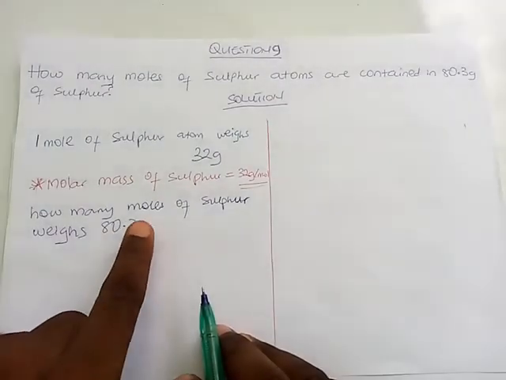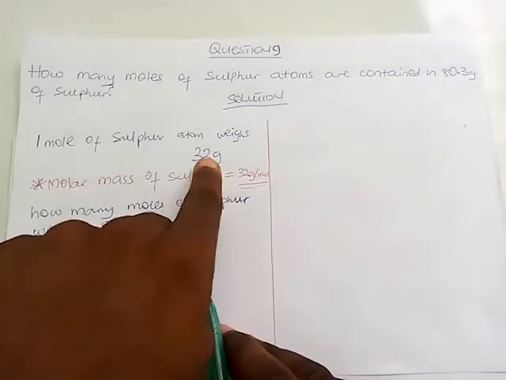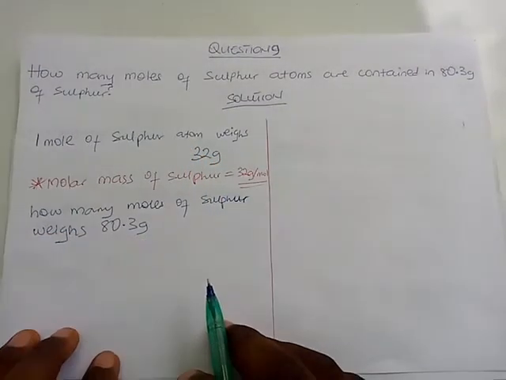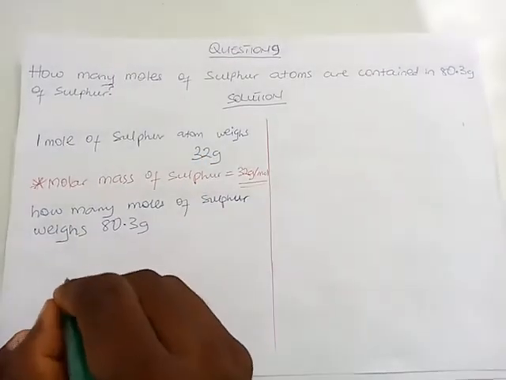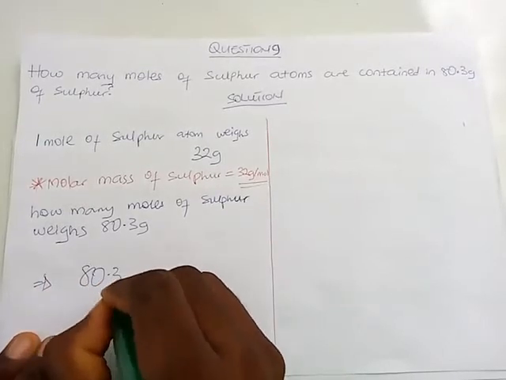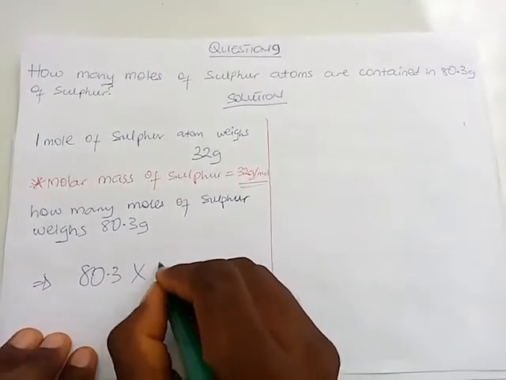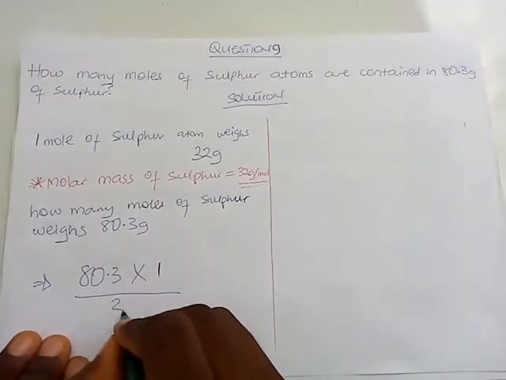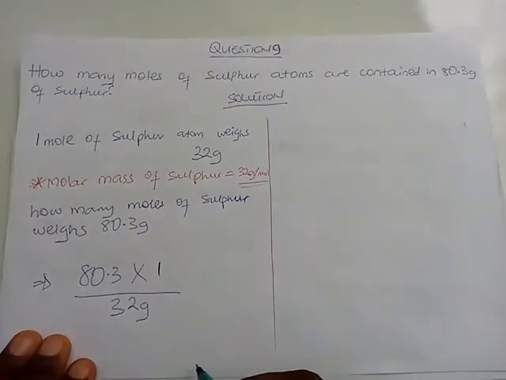So what we have to do is this 80.3 times this divided by 32. Therefore we have 80.3 times 1 all over 32.